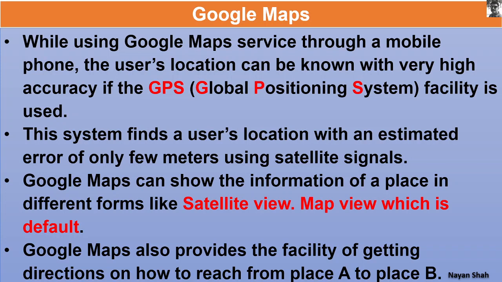Google Maps also provides the facility of getting directions on how to reach from place A to place B. So you also know it very well, that if you are looking for a place, then you can put that in Google Map and get the direction, so that Google Map will direct you how you can reach that particular location.